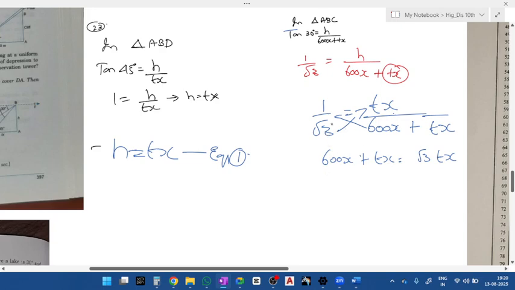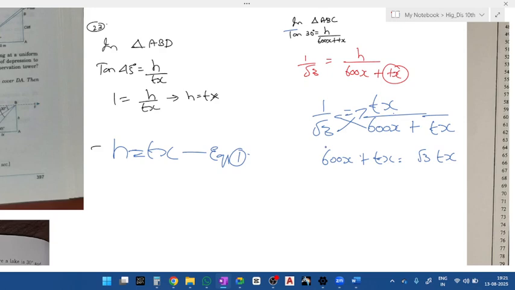Okay, completed. All of you are done till here. Two triangles. Okay.